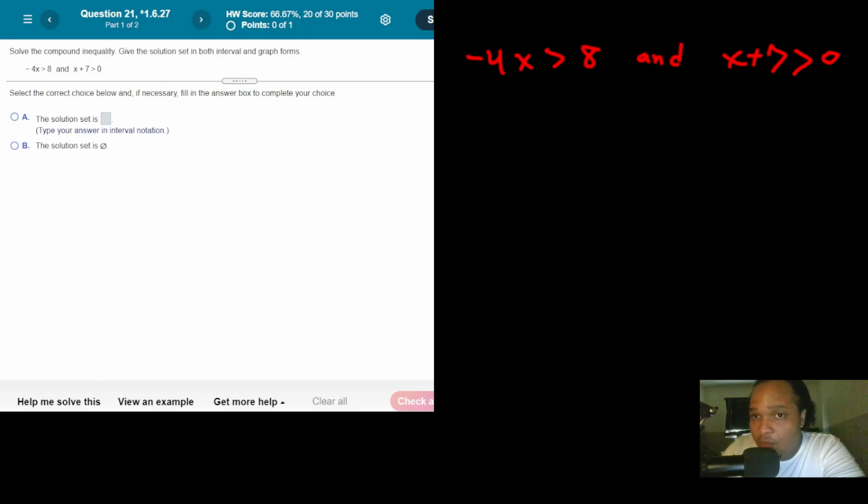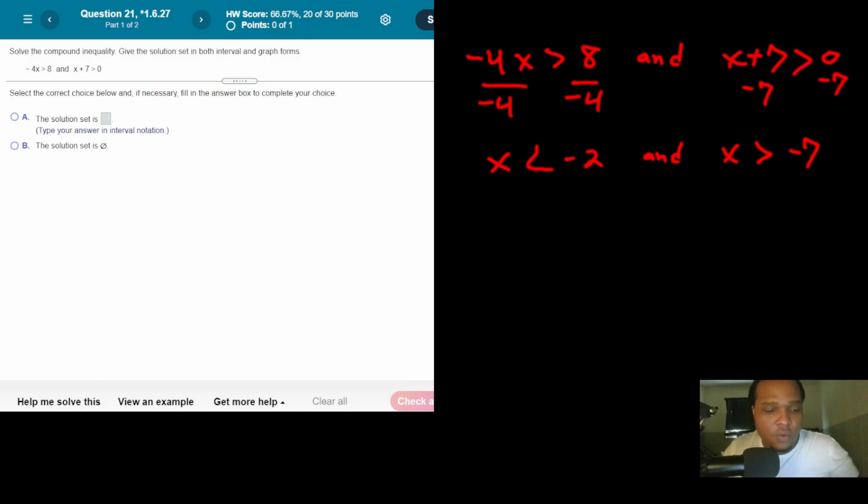Divide both sides by negative 4. We're going to get x. You just divide it by negative. Flip that sucker around. This is going to be negative 2. All right, and over here, go ahead and subtract the 7 from both sides. We get x is greater than negative 7.